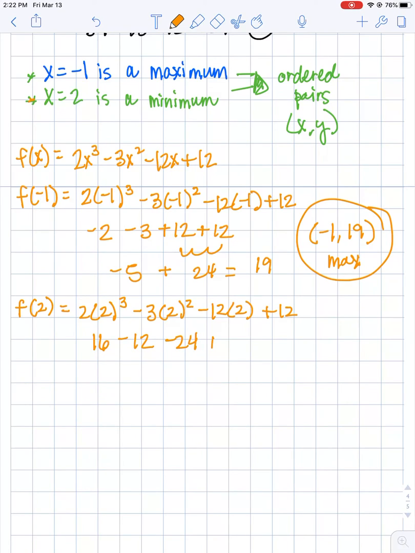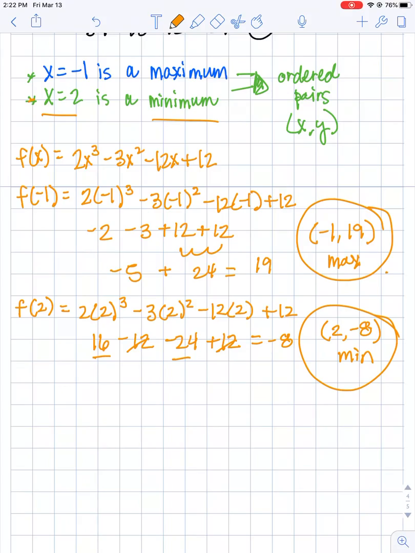Then -24 plus 12. The -12 and the +12 will cancel, and 16 minus 24 is -8. So when you plug in a 2, you get out a -8. And you already told me that 2 is a minimum, which means (2, -8) is the minimum. And so that's what my math lab wants, guys.